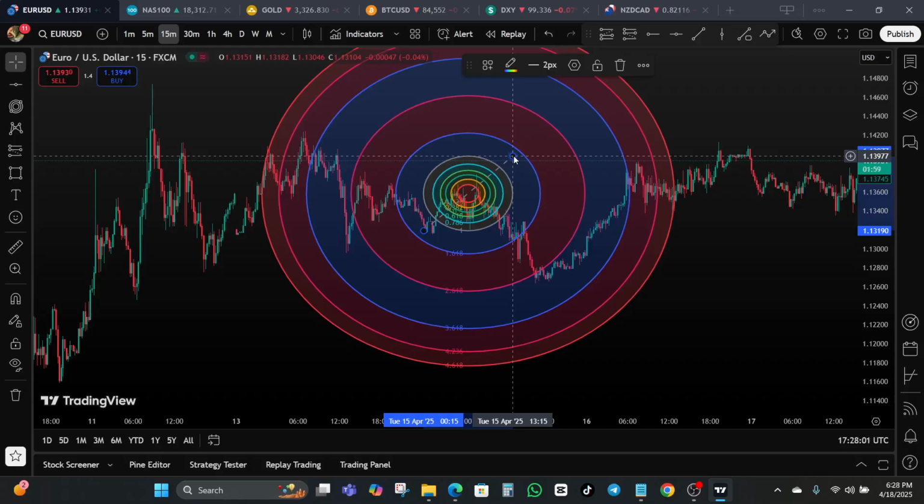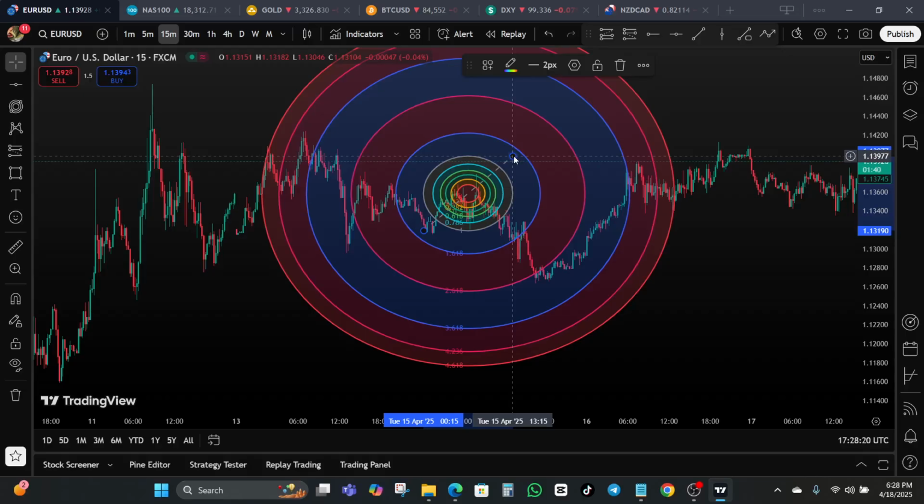And then the cycles expand outward based on Fibonacci ratios, typically 0.382, 0.5, 0.618, 1.0, and beyond.